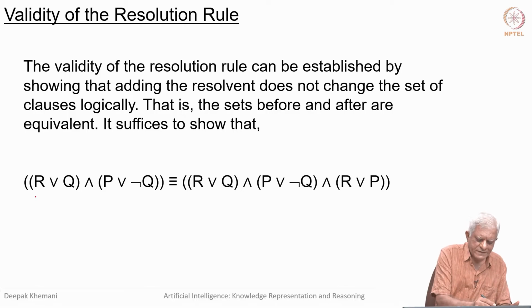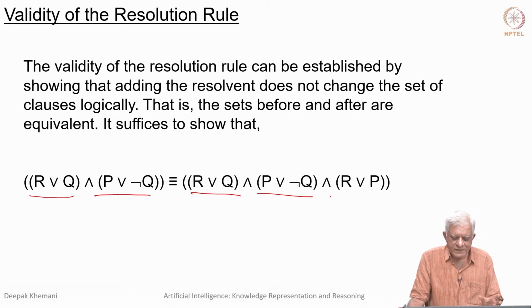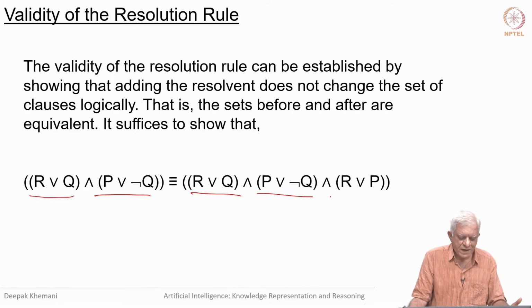This formula is the antecedents connected by an and on the right hand side are those same antecedents plus the new formula which is the resolvent essentially, R or P. And if you show that this is a tautology, that means that if you started with the left hand side here, which is R or Q and P or not Q, and you ended up with the right hand side, which is what you would do by adding this new clause to that, then they are logically equivalent essentially. And we will exploit that fact essentially.